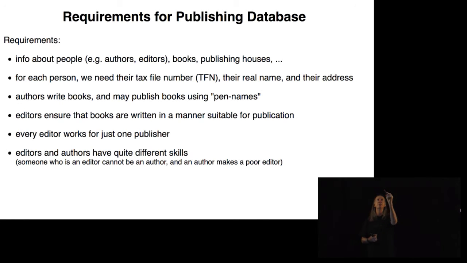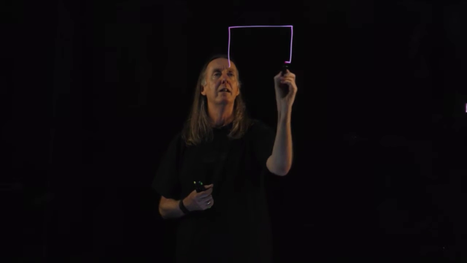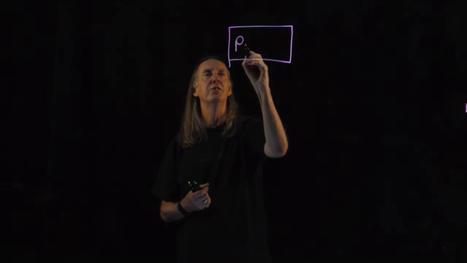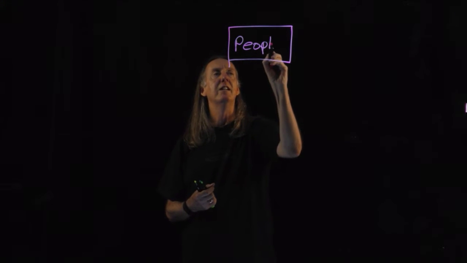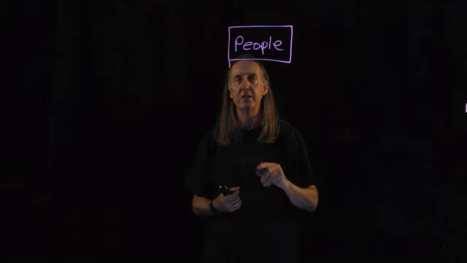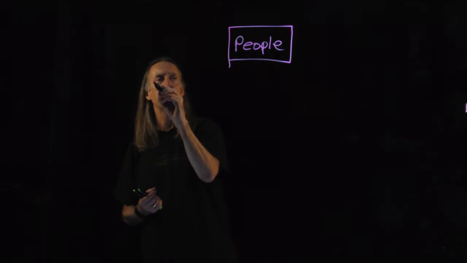So we're going to start with a person relationship, or I'll write it as people, since I've tended to write all of these things with plural. And there are different kinds of people.